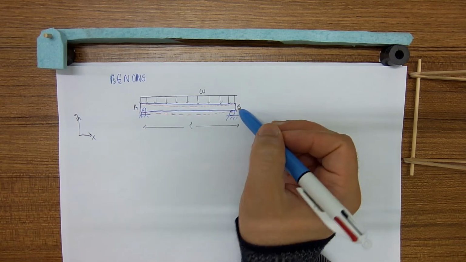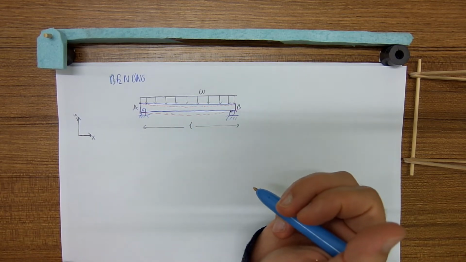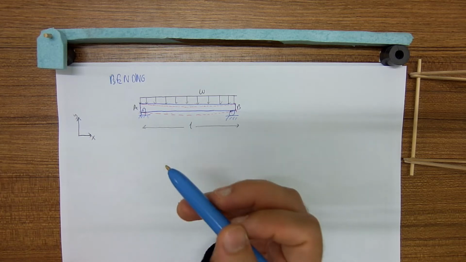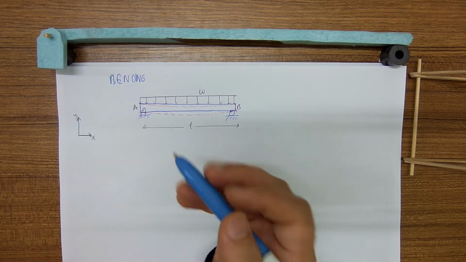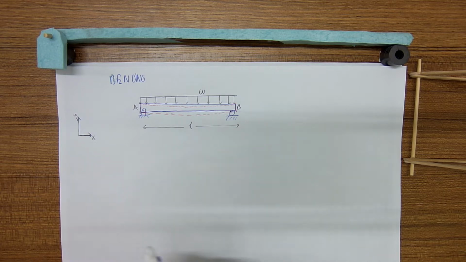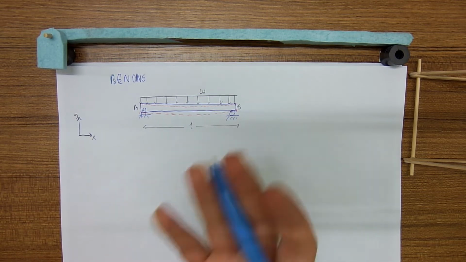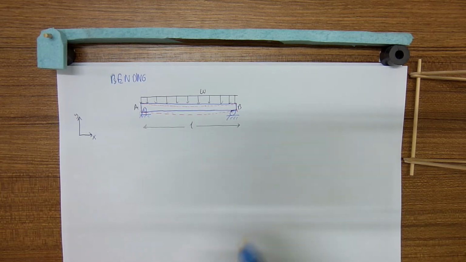In such a loading condition, the beam has got internal loads all across the body. We choose any point and get a section there, we will definitely see a type of internal load.